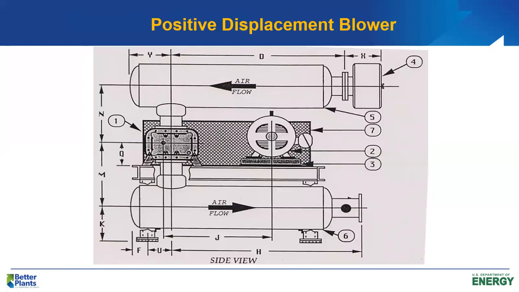Let's talk a little bit about blowers. Positive displacement blowers provide a fairly constant air flow rate over a wide range of discharge pressures, and they are ideally suited for small municipal wastewater treatment plants. When I say small, I'm saying less than about 5 million gallons a day in design capacity.